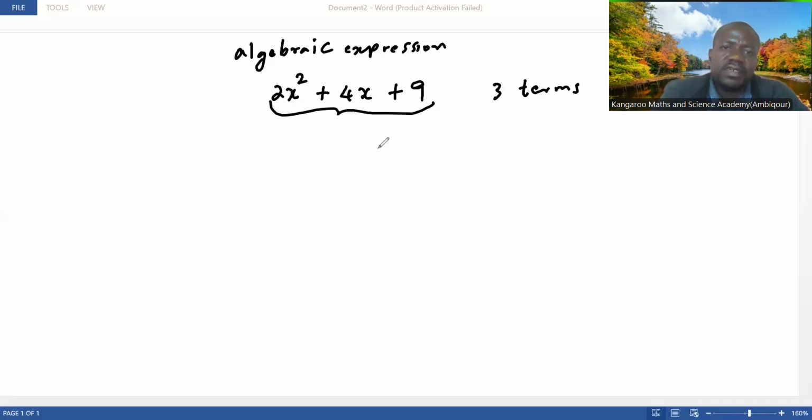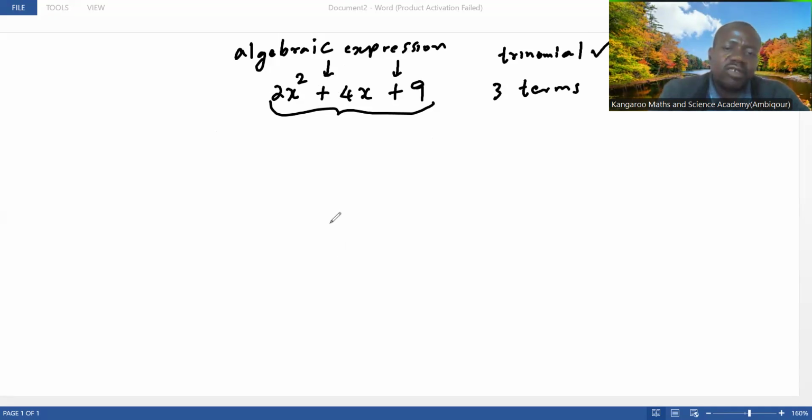How did I say that? A term is separated by a plus or a minus. If there's a plus or a minus, then we can identify a term. So if we have multiplication or division, then that thing combined is just one term. So this has 3 terms, and we know an expression that has 3 terms is called a trinomial.